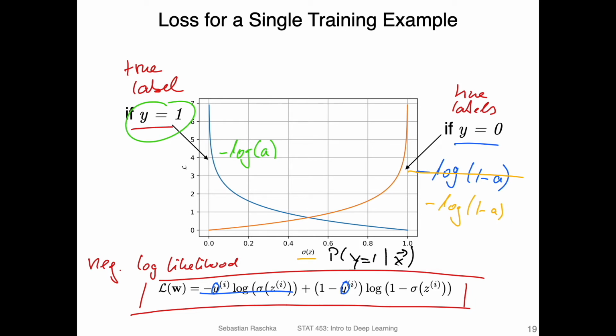What we want is this probability to be high if the true label is 1, and we want this probability to be low if the label is 0. We can also write this as 1 minus y equals 0, if it's easier to think about.